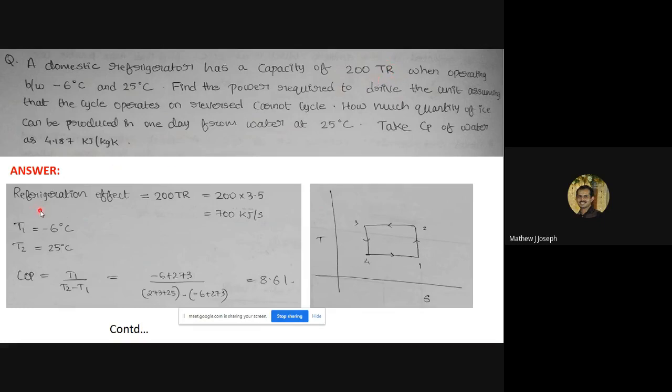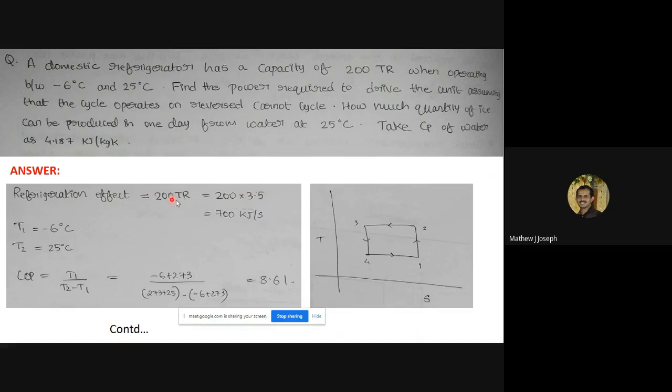So here, right away, we can find out the refrigeration effect. The refrigeration effect means the amount of coolness or the extent of refrigeration produced by this domestic refrigerator, and it will be equal to 200 TR. But 1 TR is 3.5 kilojoules per second.